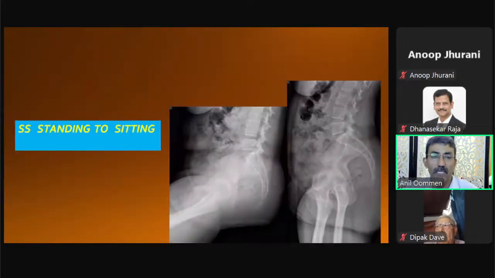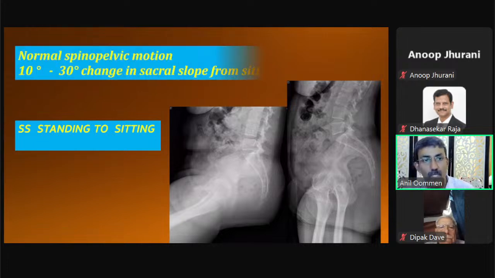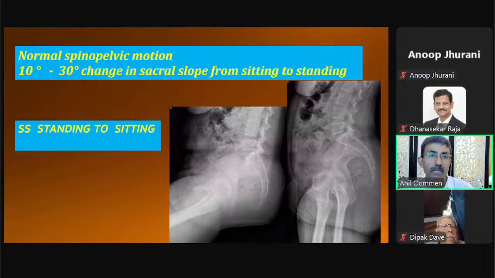So in effect, if we stick to sacral slope alone, we can see that in normal spinopelvic motion, there is a change of 10 to 30 degrees in sacral slope from sitting to a standing position. So this is the fundamental understanding that we got to begin with to look at what is spinopelvic mobility.